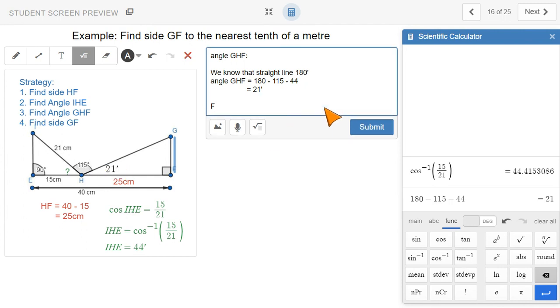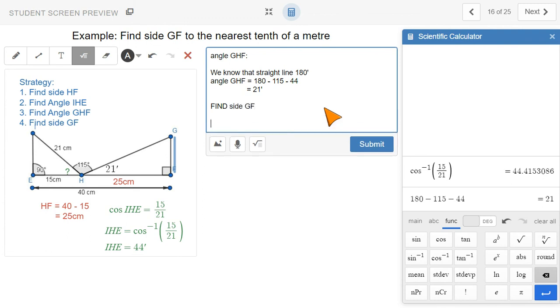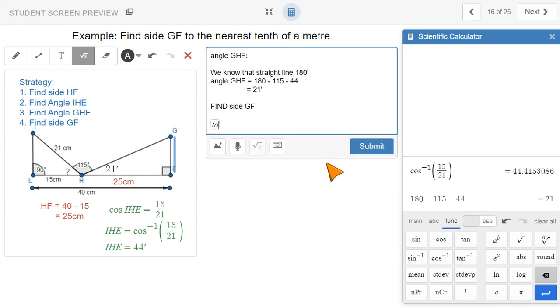Finally, step 4, we're going to find side GF. Now that we have one side and one angle, we can find our second side. This is our adjacent. This is our opposite. Let's use tan.